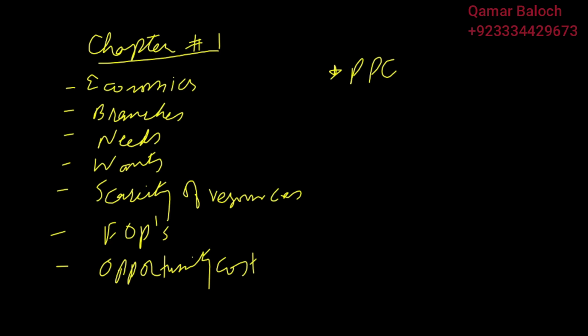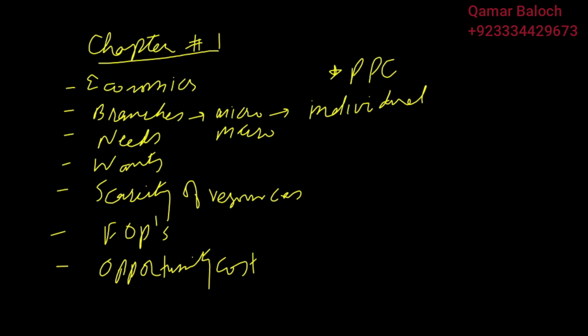It contains definition of economics, that is a science of wealth as defined by Adam Smith, who was a classical economist. Branches of economics include mainly two branches. One is microeconomics and the other one is macroeconomics. Microeconomics is the branch of economics which deals with issues of individual consumers and producers.